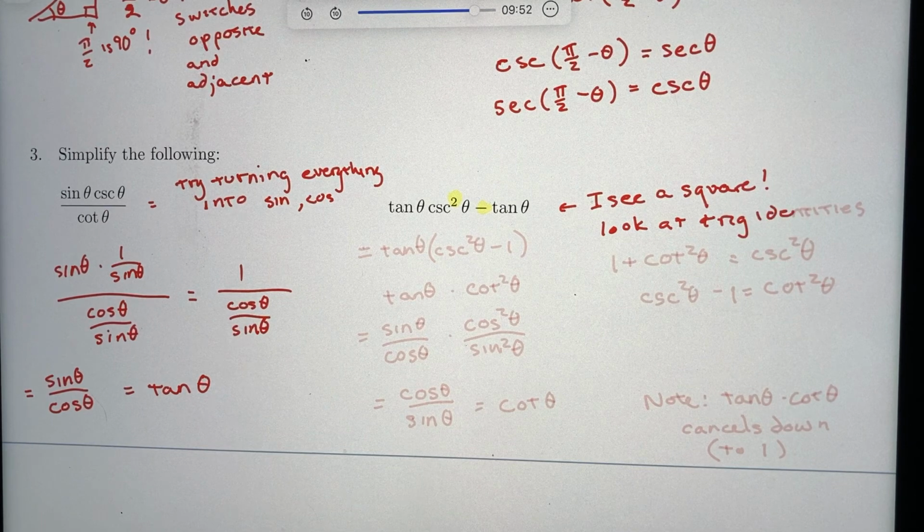Like 2A, look up previous problem. So we'll factor out tangent first. And we say, okay, 1 plus cotangent squared. Let me fix that.